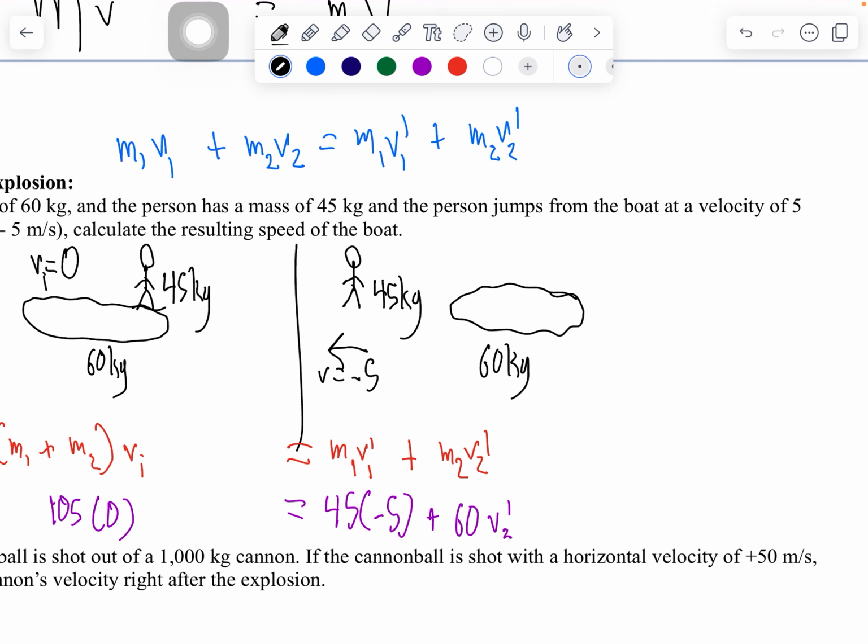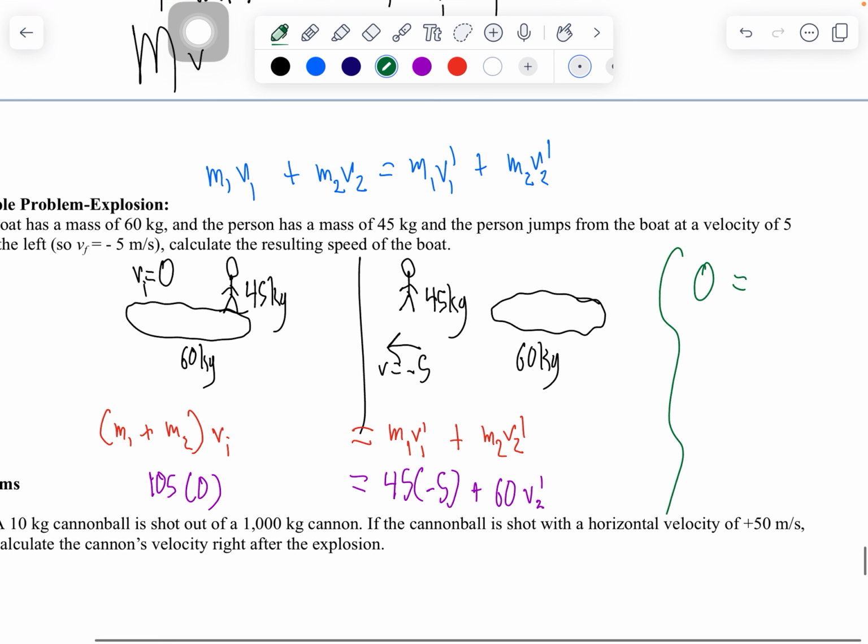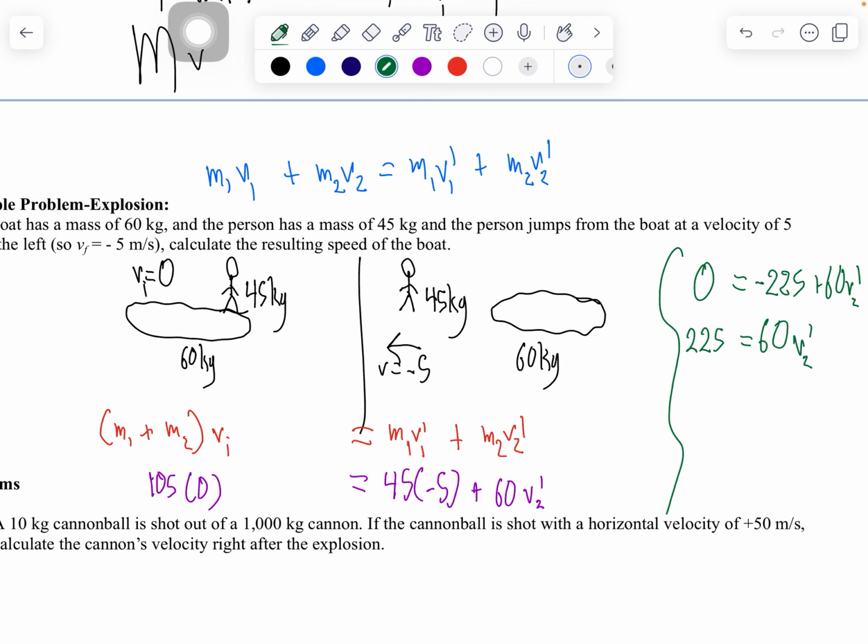We can rearrange this, bring this up to some workspace. 105 times 0 is 0. 45 times -5 is going to give us -225 plus 60 v2 prime. Let's move our 225 over, add it to both sides. 225 equals 60 v2 prime.